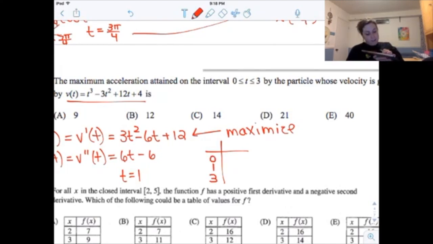So I have t, and I want a of t, or v prime of t. If I plug in, nope, I need to plug that into my acceleration function. So if I plug in 0, I get 12.